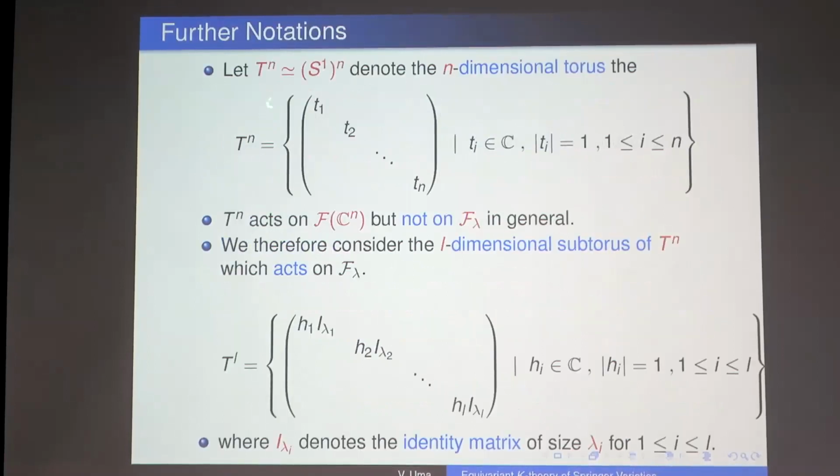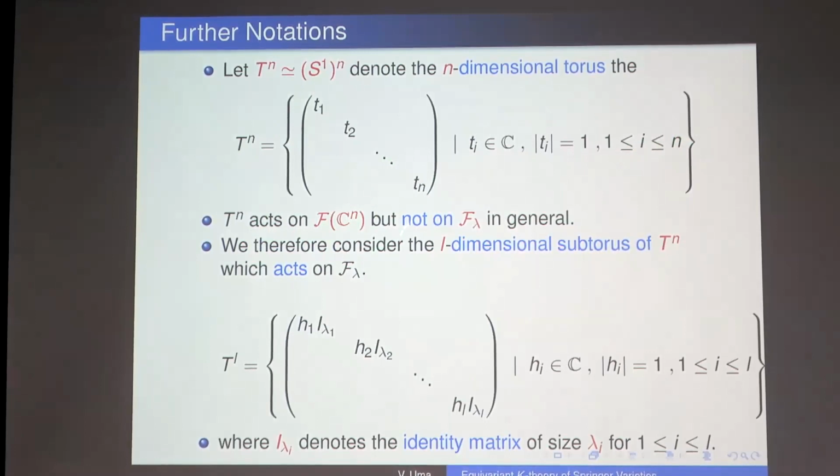So we can now fix some torus. This is the compact torus T^n consisting of diagonal matrices in GL_n(C), with t_i in S^1 for 1 ≤ i ≤ n. There is a natural action of this torus on the full flag variety by restricting the action of GL_n, because it fixes the dimensions.